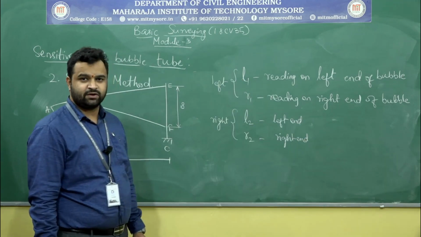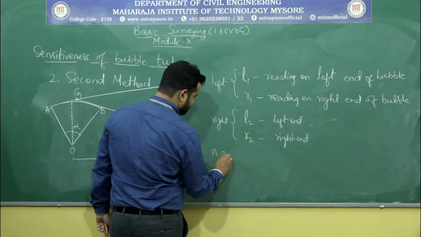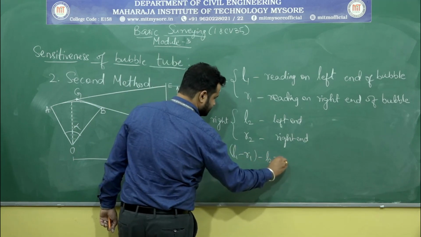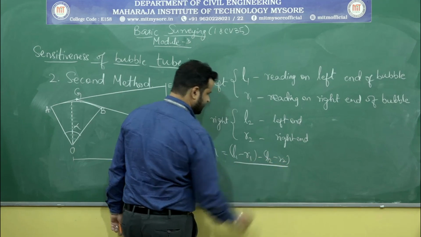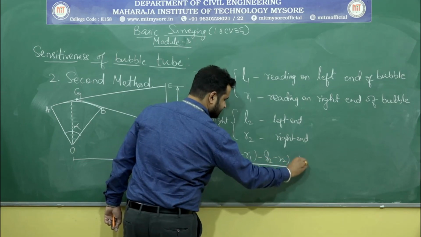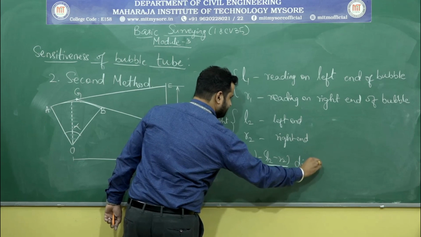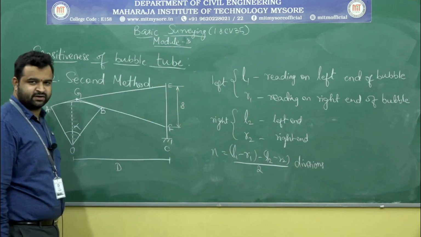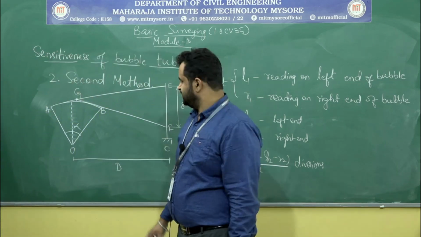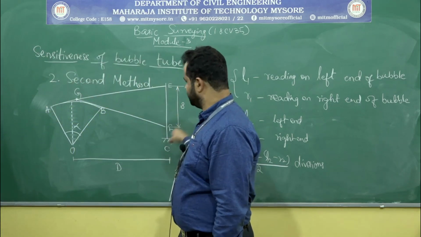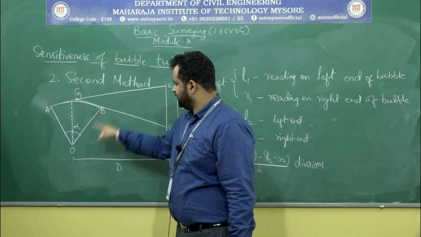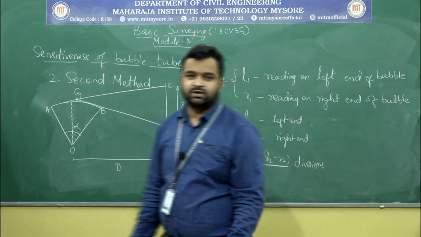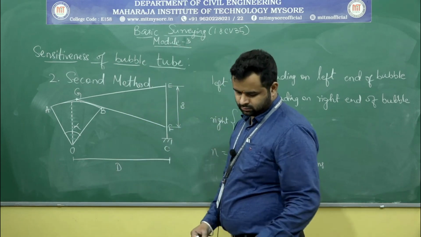So now the net travel of the bubble is obtained by N is equal to L1 minus R1 minus L2 minus R2, divided by 2 divisions. Okay. Next, considering similar triangles from this figure, that is triangle GEF and triangle ABO, similar to the previous method, we can now easily write what is R, what is alpha.